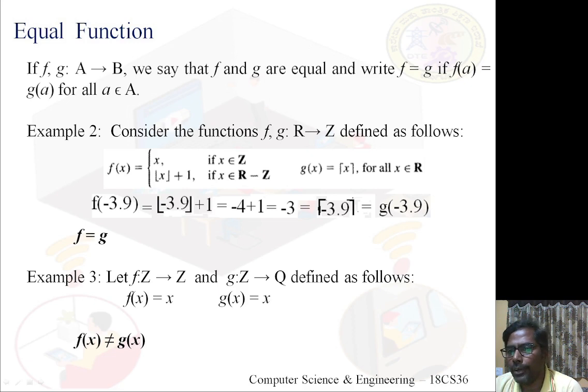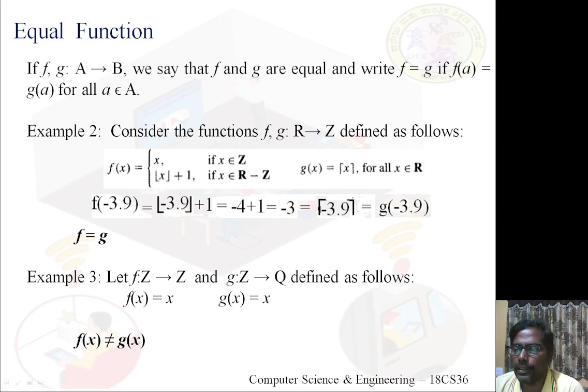In order to call f and g to be equal, for all elements lowercase a that belongs to domain A, f of a should be equal to g of a. Got it?